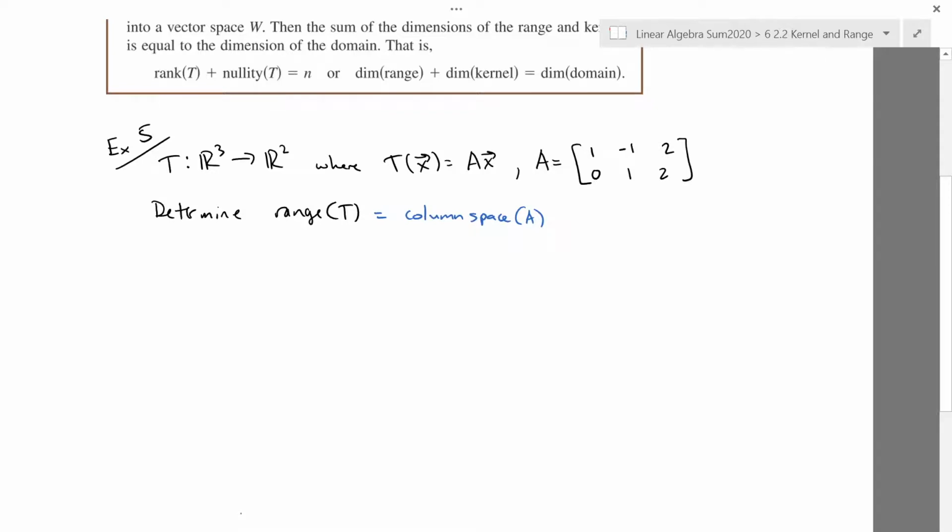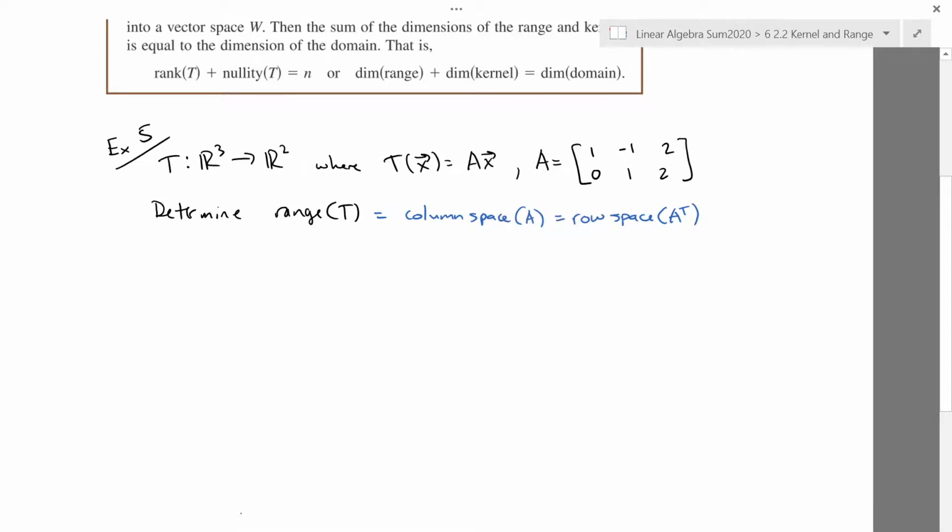If we go back to chapter 4, one way to find the column space of A is to take the row space of A transpose. Right.